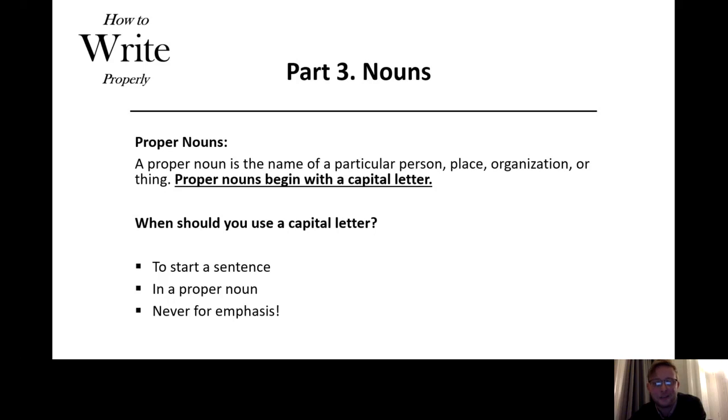So you get capital letters at the start of sentences. You also get capital letters to signify proper nouns, as we've discussed today. And that's basically it. Acronyms you could include, although oftentimes they function as proper nouns as well. But you only really need capital letters to start sentences and when you're naming proper nouns. Crucially, though, we'll get onto this in the future when we talk about the things that you shouldn't do in a sentence. You should never use capital letters for emphasis, just to start sentences or with proper nouns.